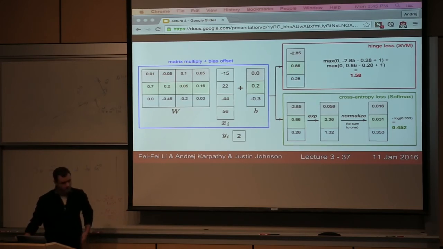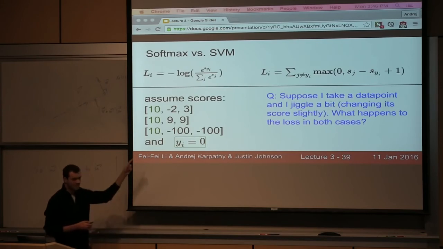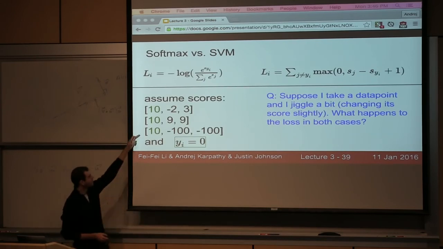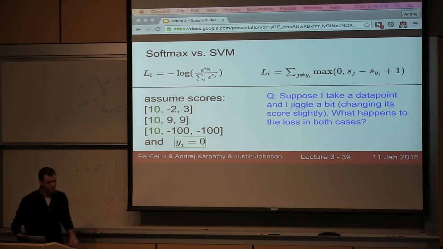Once it goes beyond a certain margin, like 2 or 3, and you exponentiate it, the difference you get in softmax is going to be vanishingly small. If 100 minus 100 goes to minus 110, it's still not going to really change your probabilities a lot.